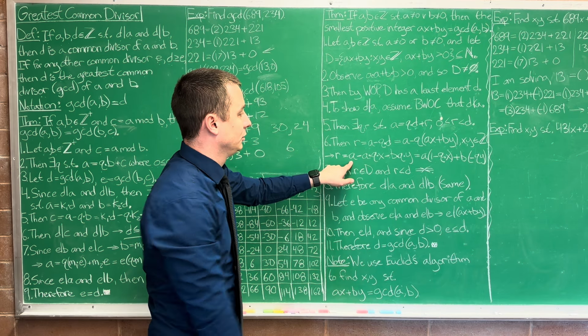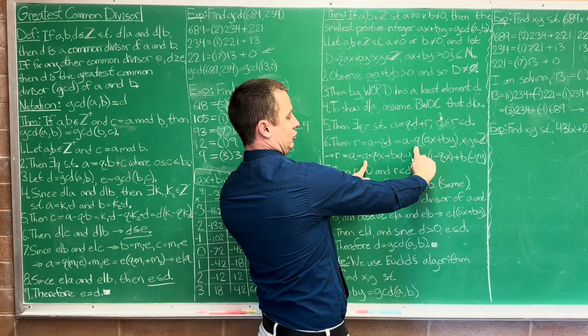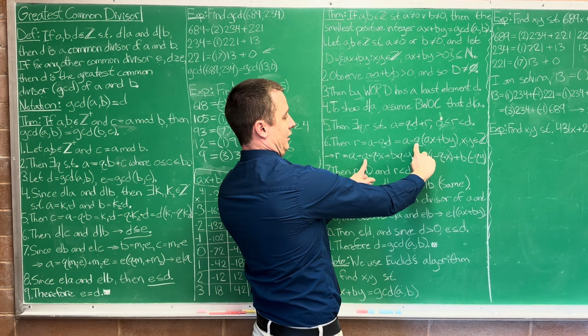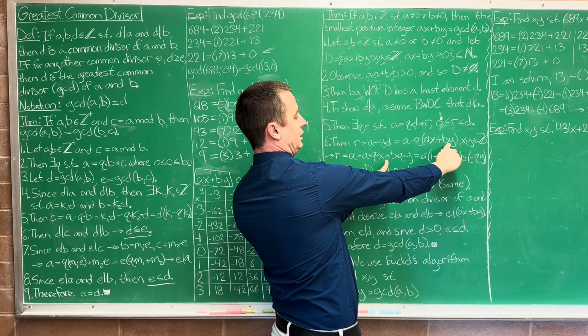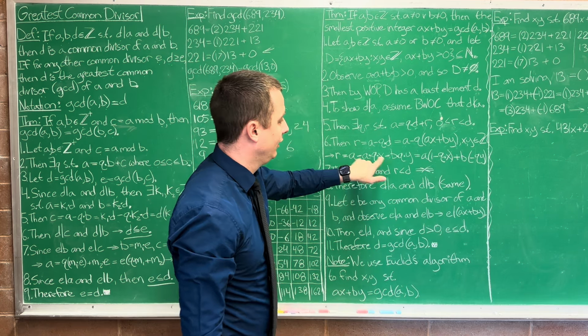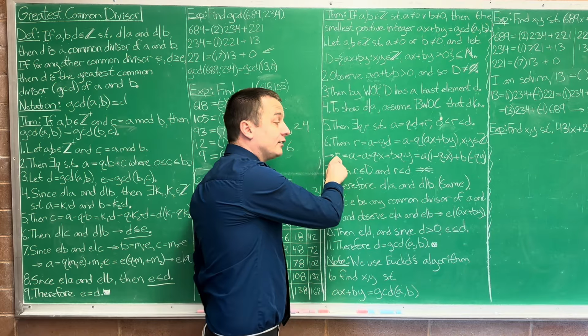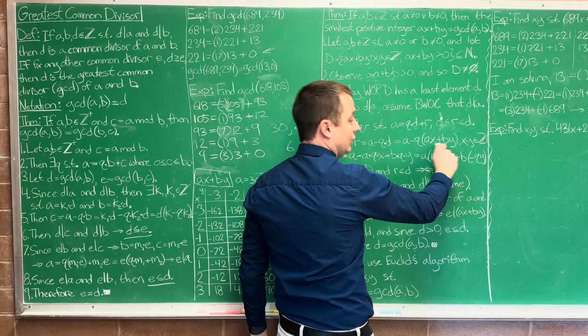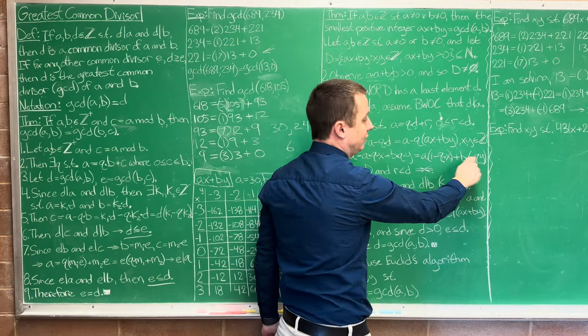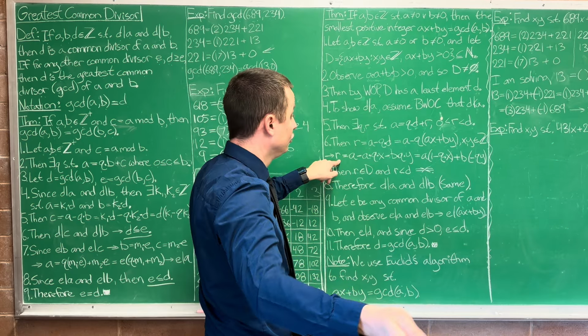So then R is equal to A minus AQX, just trying to get in alphabetical order, minus BQY. Factor the A out of here, and I get A times something plus B times something. So R is of the form A times an integer, who cares what it is, plus B times an integer, who cares what it is. So it's in D.